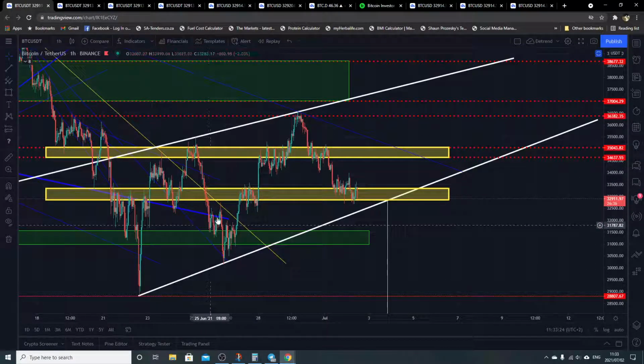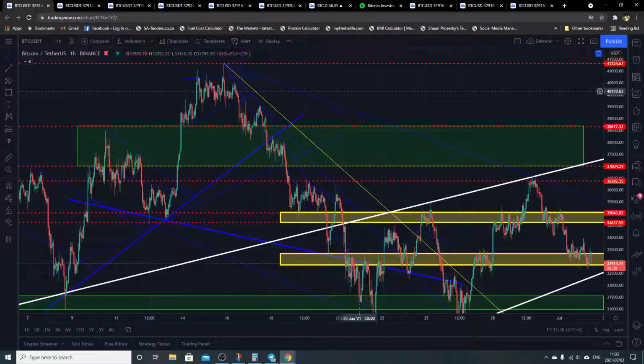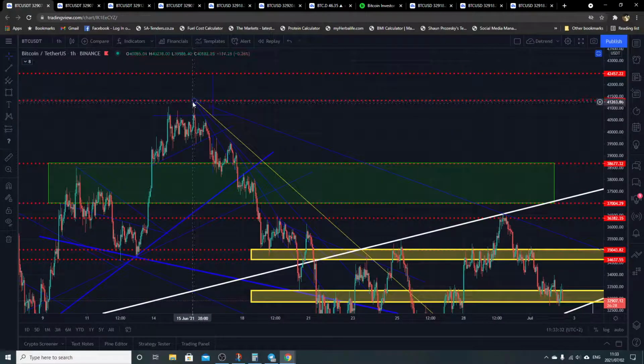Okay guys, now we have been running up and down in this price range continually. We have come down quite a bit from this point over here, which is the 41k, and we haven't been able to break down. That was a small ascending triangle or ascending wedge, which is a bullish pattern, but we are unable to break through there.